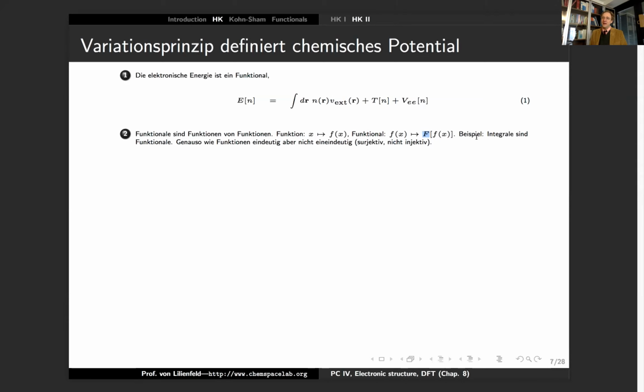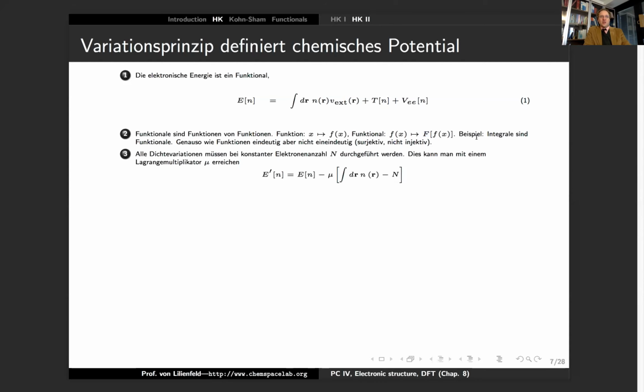For any function you will get one functional value, but you cannot reverse the thing, right? They are surjective and not bijective. So if somebody gives you the functional value, you cannot reconstruct the function.